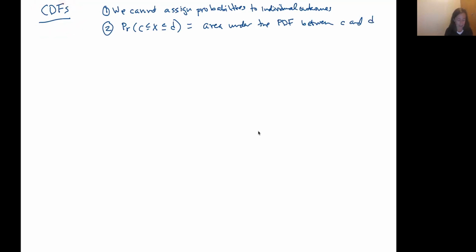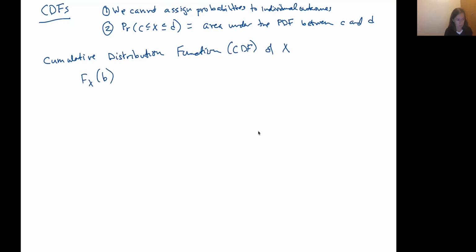Okay, so what does that stand for? That is the cumulative distribution function. That's how you get the CDF of random variable x. I'm just going to write this, and I'll talk through the little bits.